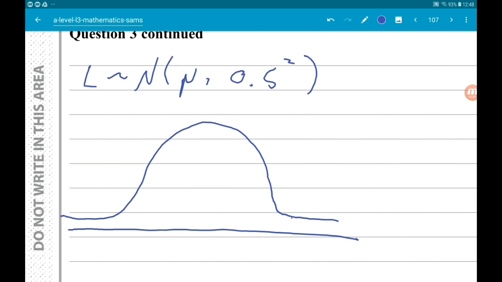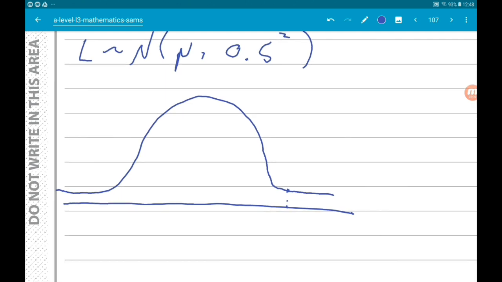So, 50.98 is there. We know that this area is 0.025. Then we know that mu is in the middle of this. And we know the area in all of this left part is 0.975.